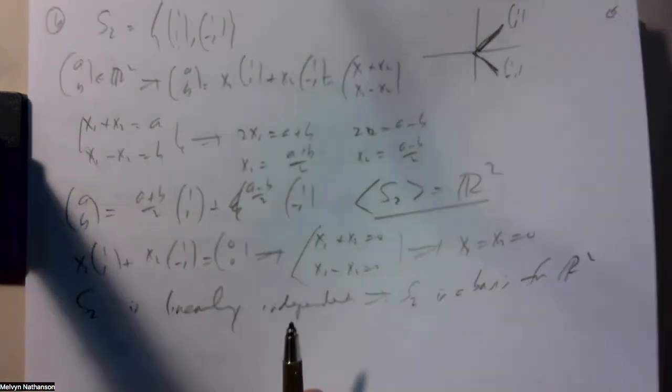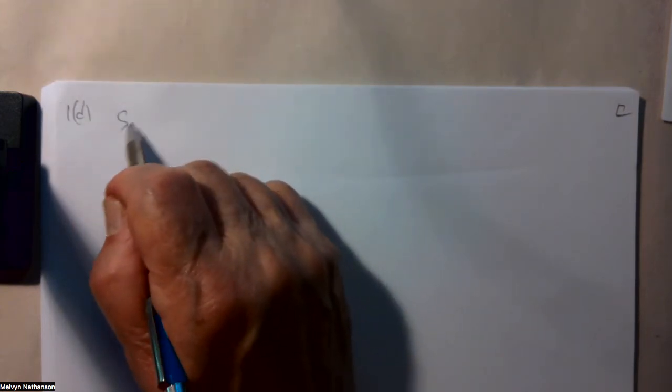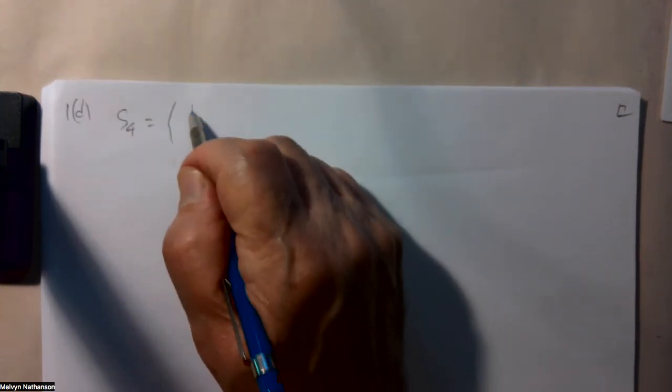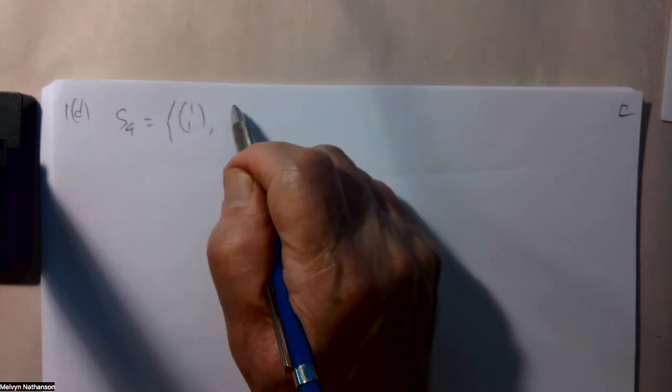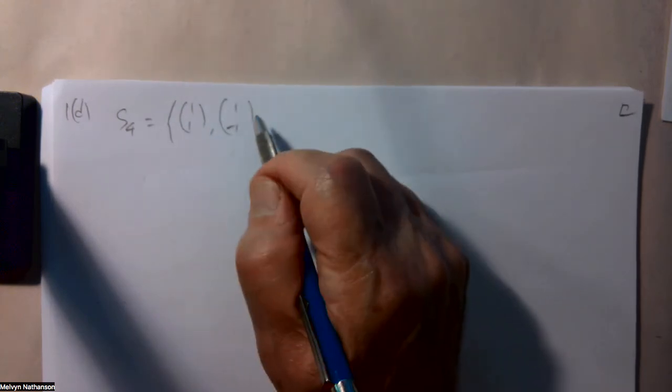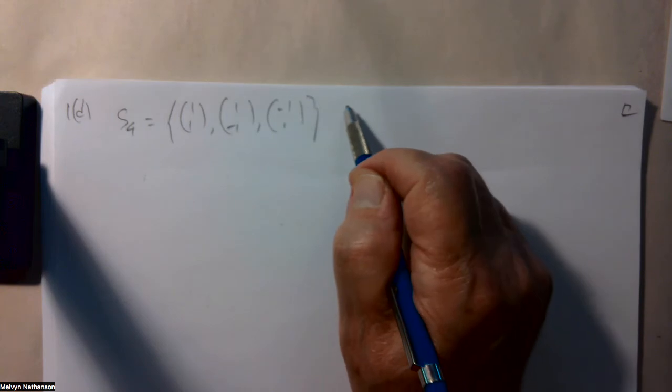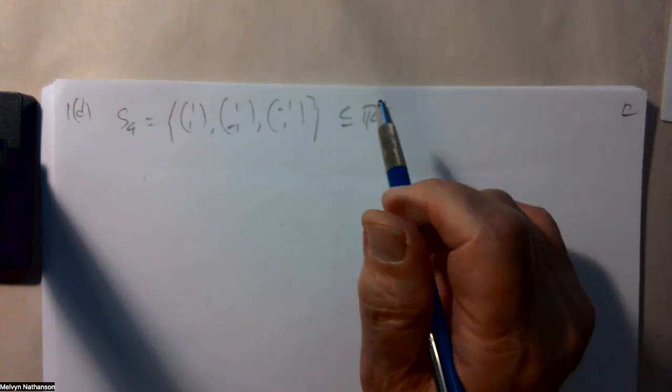Let's look at the next part of this problem. S4 is the set of vectors 1, 1, 1, minus 1, and minus 1, 1 contained in R2.